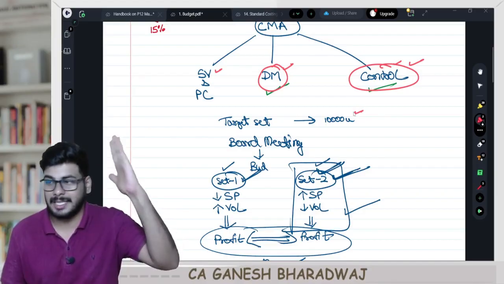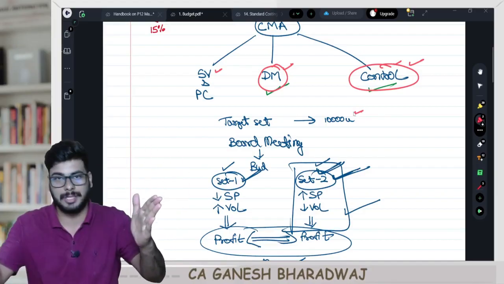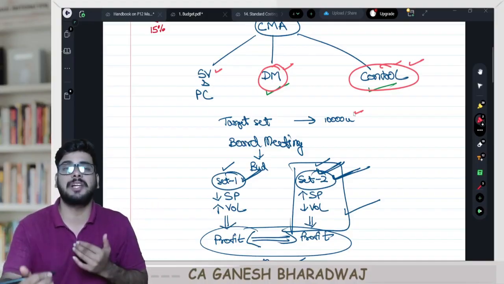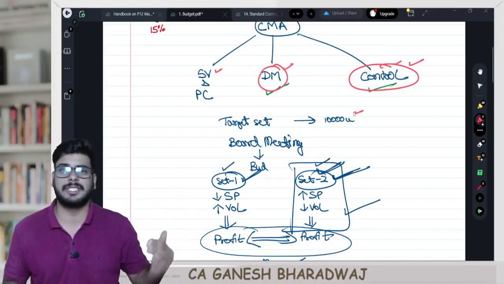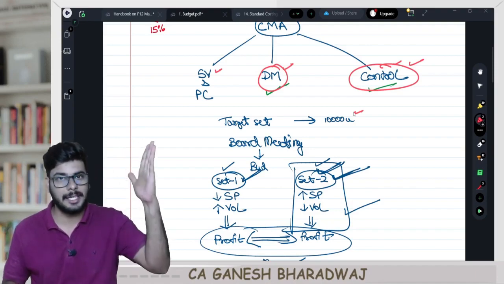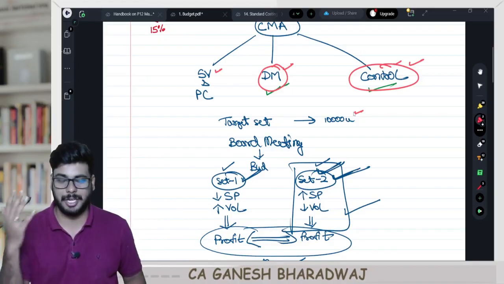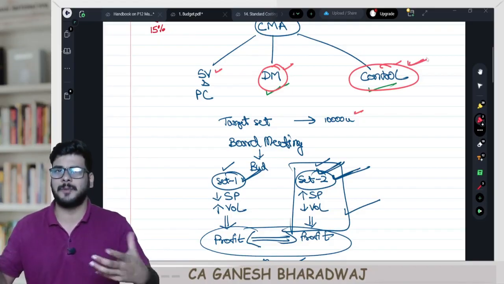Now, this is set as a target. Based on this, the actual performance is compared, and I can punish or reward the employees based on their performance. We just saw in standard costing also adverse or favorable variance. For that, first we need to set a target, right? So how do you set the target? Based on the budgeted data. So clearly, budget helps you achieve the objective of control. That is pretty much straightforward.